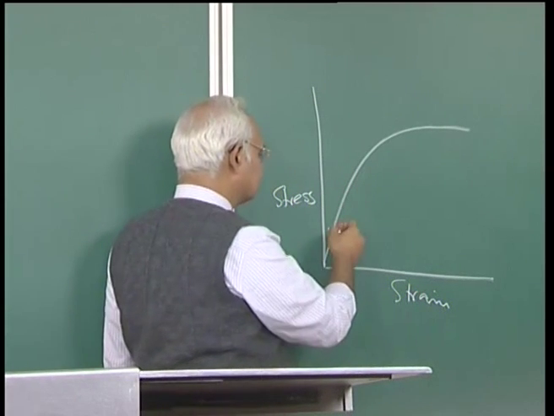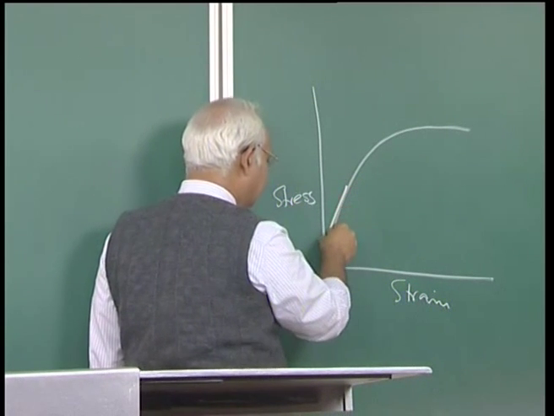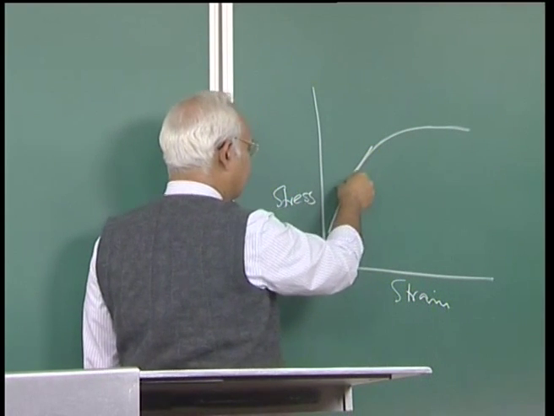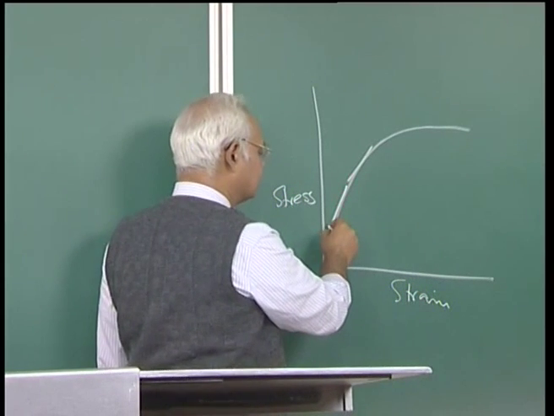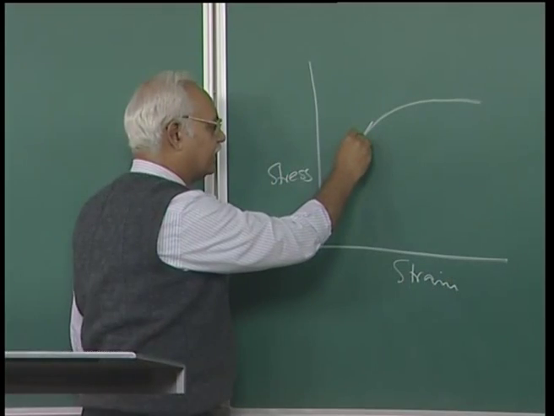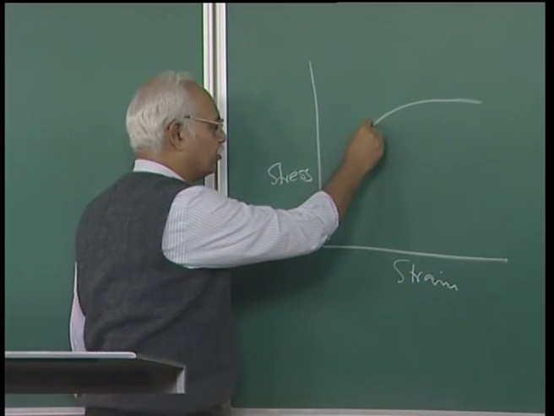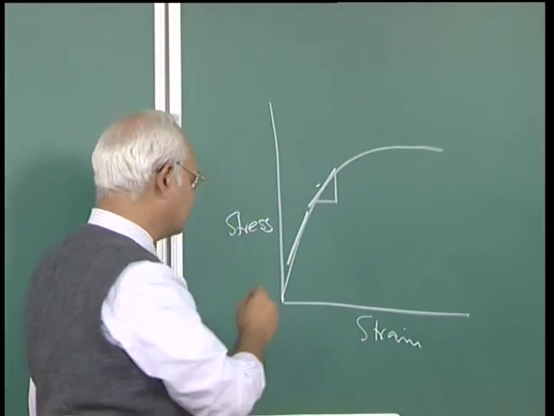So, as far as concrete is concerned, there are different definitions which tell us either we can take the tangents at different points in time, and that we can take the tangents at different points along the stress strain curve, and that gives us the slope of these lines, gives us the modulus of elasticity.